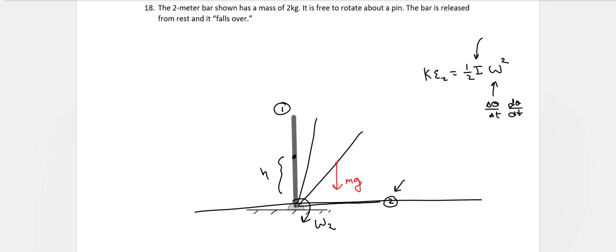There is a force acting at the pin, and the direction is not perfectly clear. Typically when forces are not known, we put them in component form. So I'm going to put a Px and a Py, the x and y components of the reaction at the pin. And that's it for the free body. There's nothing else. Now let's chat about work terms.